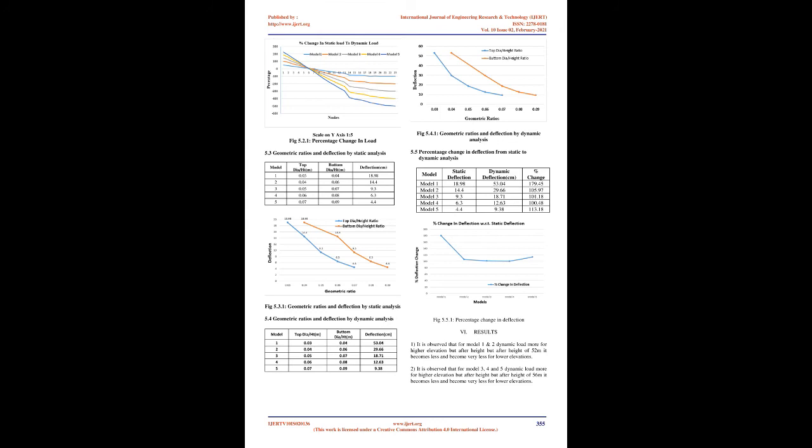Percentage increase in load from static to dynamic. Results. It is observed that for Model 1 and 2, dynamic load is more for higher elevation, but after a height of 5 m it becomes less and becomes very less for lower elevations. It is observed that for Model 3, 4, and 5, dynamic load is more for higher elevation, but after a height of 5-6 m it becomes less and becomes very less for lower elevations.